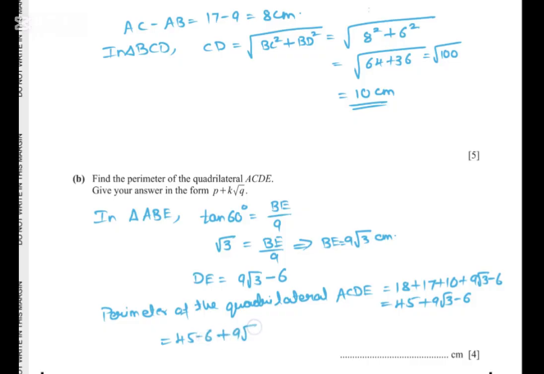You have to separate 9 root 3, you can't add them because it has a surd in it. So 45 minus 6 will be 39 plus 9 root 3. So we got the answer in the form of P plus K root Q, where P is 39, K is 9 and Q is 3. So the answer is 39 plus 9 root 3.